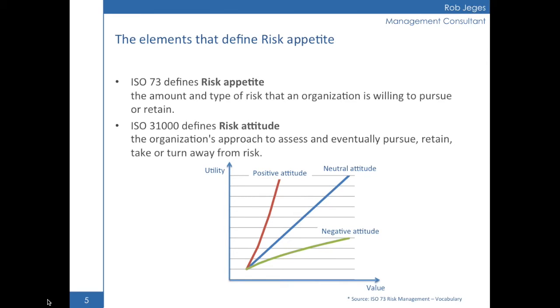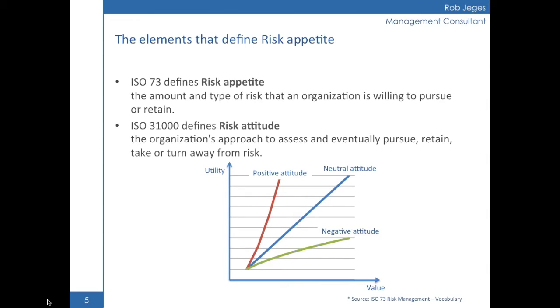So in context of risk appetite, which risk attitude are we looking at? Are we looking at the individuals? Are we looking at the collection of individuals as groups? Or are we looking at the organization risk attitude? Because it may vary depending on at what level you're looking at the risk attitude.